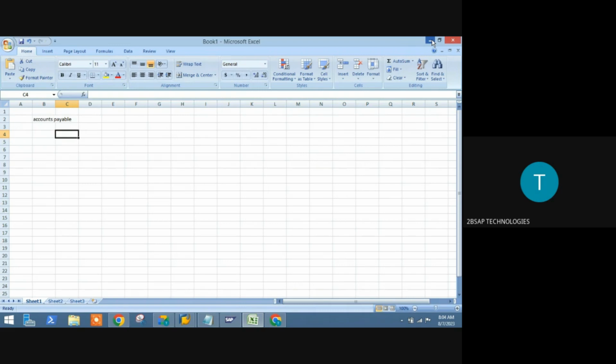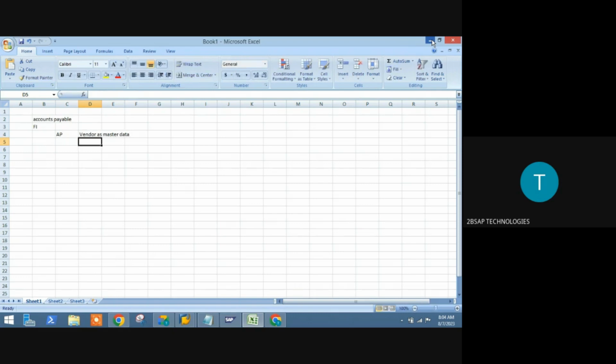Okay. So AP is a submodule in SAP. Within finance, accounts payable is a submodule in SAP. So here you are going to use your vendor as master data.